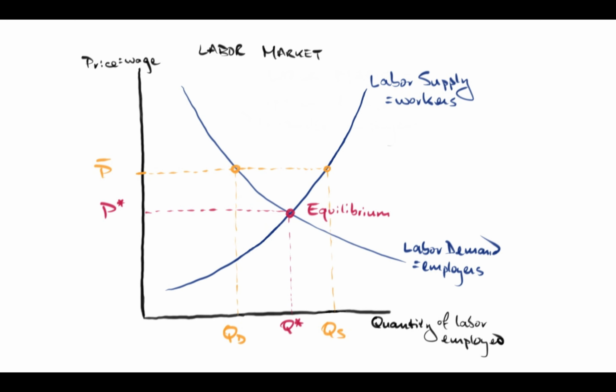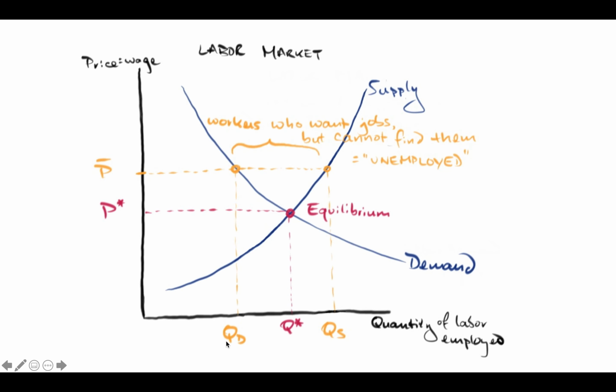So this gap between quantity supplied and quantity demanded, those are all workers who want to find jobs, but they can't find them. Okay? The economic term for that is unemployment. Now, the definition of a worker being unemployed is essentially the worker wants to find a job, but cannot find a job. And that's exactly the right description of these workers between QD and QS.